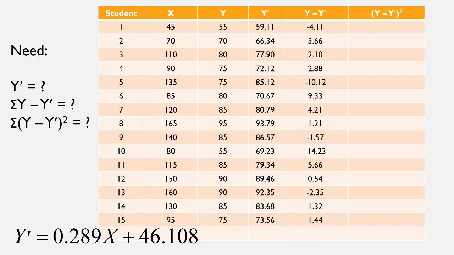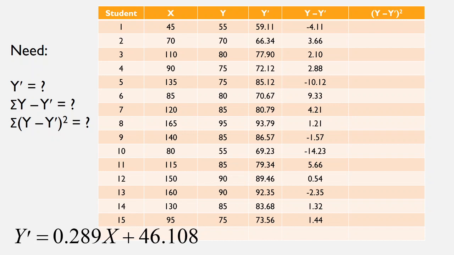Again, based on the fact that the best fit line goes through the middle of the cloud of dots, some of the data points will be higher than expected based on the line, and some will be lower. So if you were to add up all the values in that y minus y prime column, it would add up to 0. Now, if you do this on your own, you might find that it ends up being 0.002.